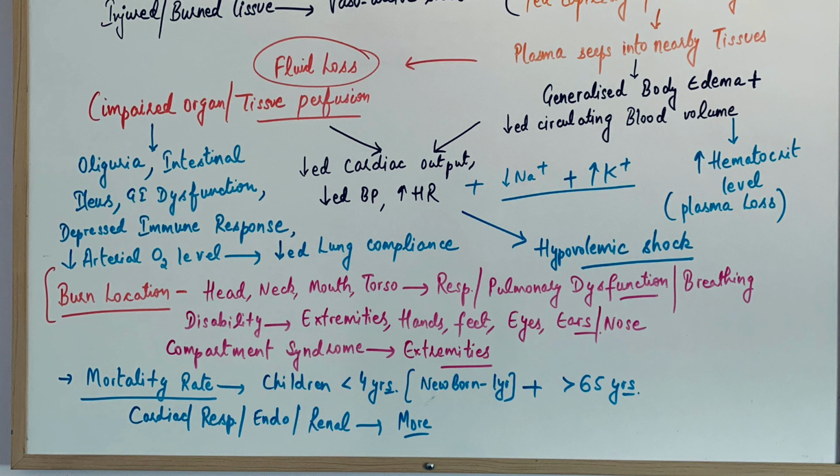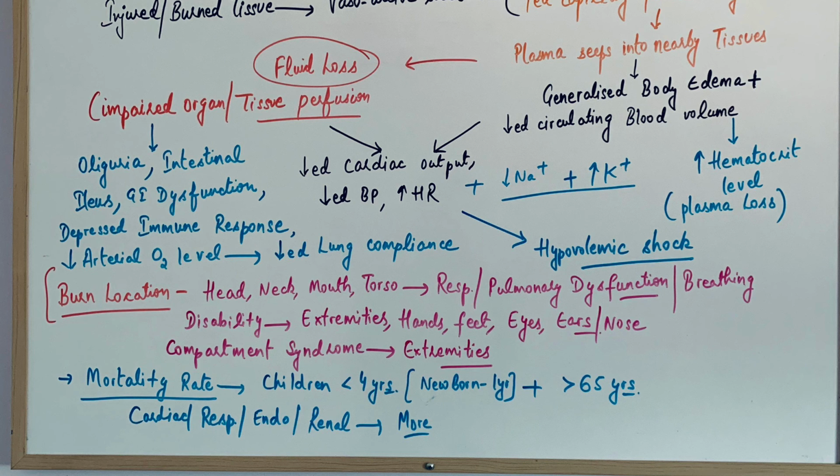And moreover, because of burns, the mortality rate is very high if the age of the person is less than 4 years or more than 65 years. And if it's more severe, the mortality rate is higher if the child is a newborn or his age is less than 1 year, and obviously for the person who is more than 65 years.